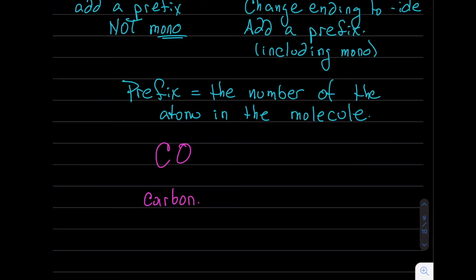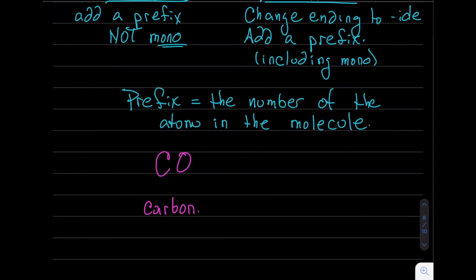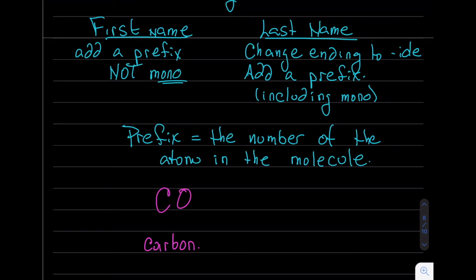Okay, second name is O, which is oxygen. But for the last name, we need to change the ending to "ide." So instead of oxygen, we're going to have oxide. And there's only one of them. Prefix for one we just looked up was mono, and we can use mono for the second name.